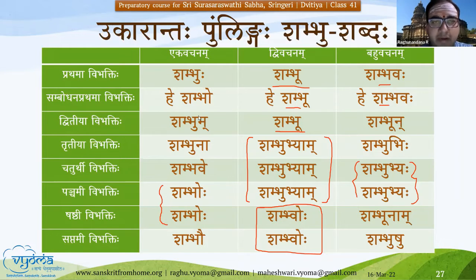Dhanyawadaha. Well recited, but the key aspect is the bhakara is a mahaprana. Ukarantaha pullingaha shambhu shabdaha. Same way, shambhuna, shambhubhyam, shambhubhihi, shambhubhyaha, etc. And similarly, as I told for Ratri Shabda, here also the Sanyuktaksharam is made out of makara, bhakara, vakara.